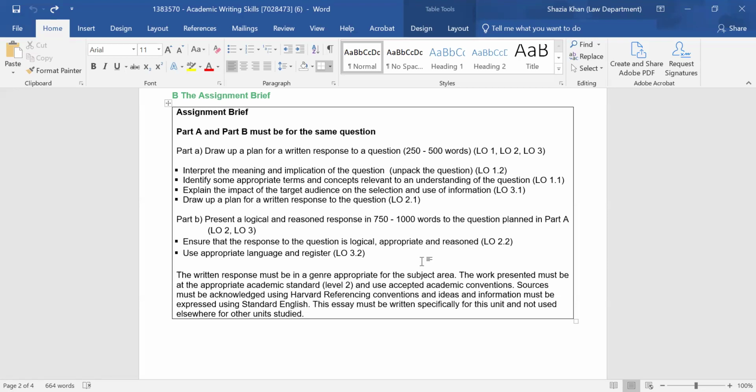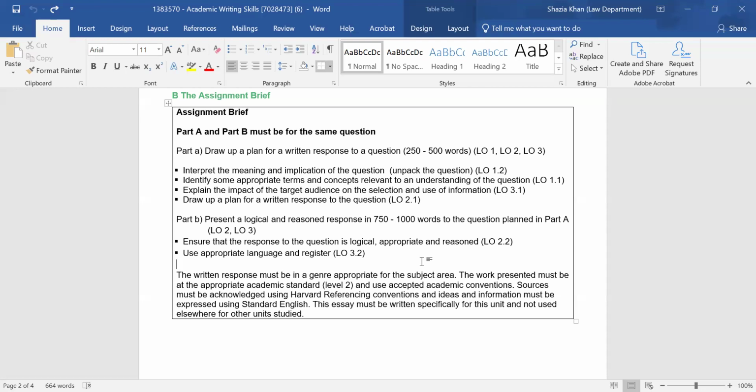And remember that the wording is not a huge amount of words. For the first one, part A is 250 to 500 words, which is not a huge amount. For part 2, it's a little bit more, which is 750 to 1,000 words. Make sure that when you are referencing in text, you are using the author's name and the year.